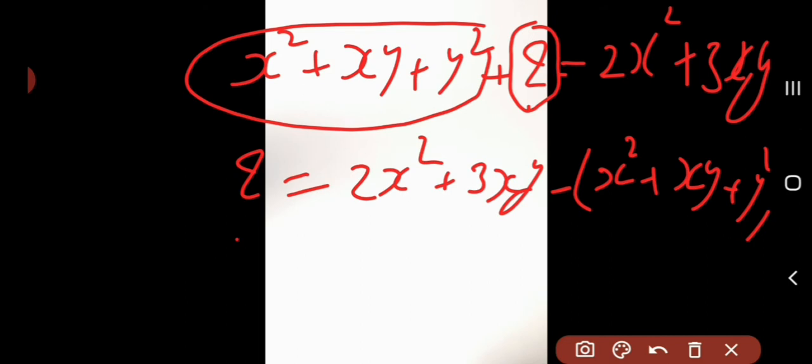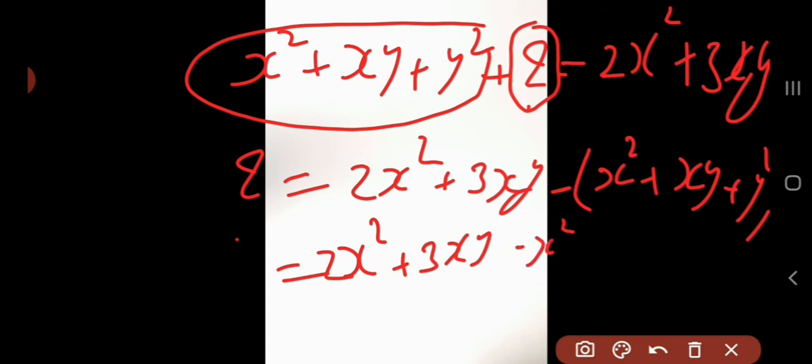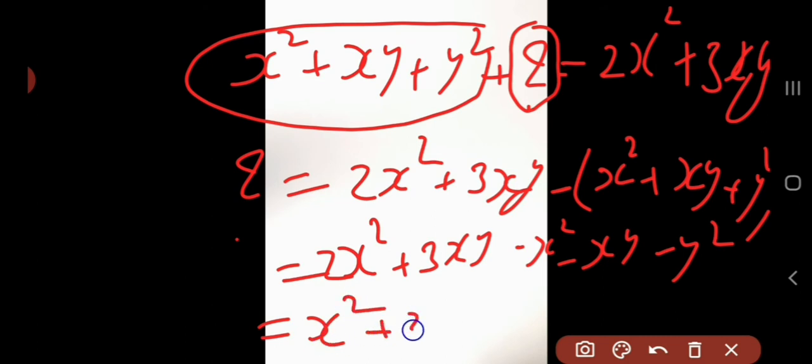So you have to do 2x square plus 3xy minus x square minus xy minus y square. Now 2x square minus x square becomes x square. 3xy minus xy becomes 2xy, minus y square. This expression you have to write as (x minus y) whole square. Understand? This is how you have to solve all the questions.